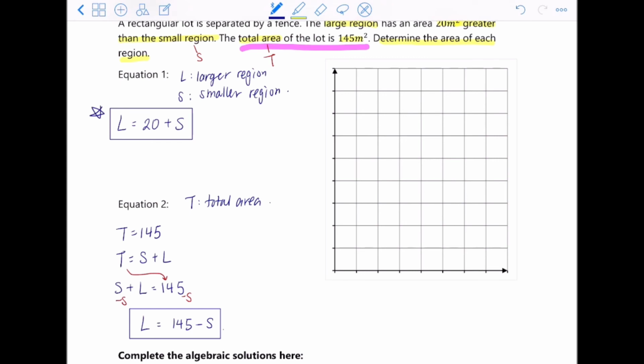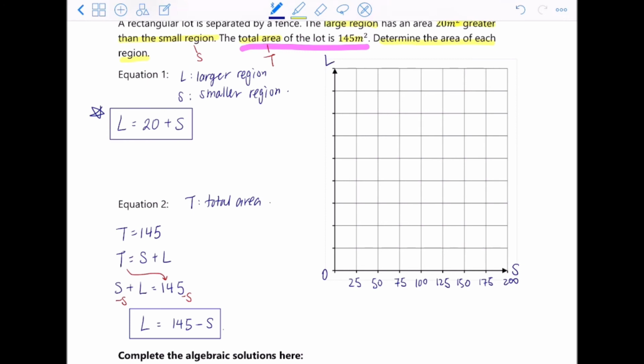For the increment, I set it up so it's going up by 25 for the horizontal axis. And I will set this as the smaller region and the larger region as the y-axis.